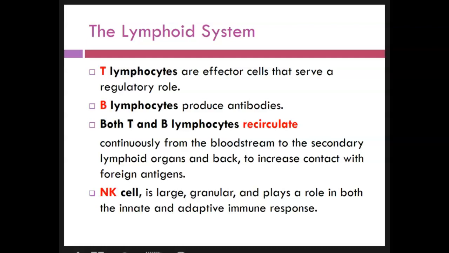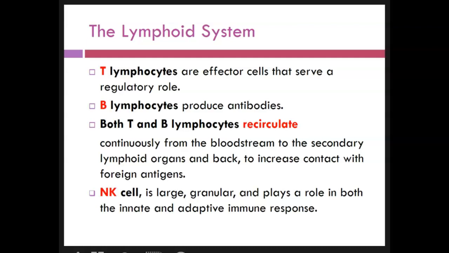Both T and B cells recirculate continuously from the bloodstream to the secondary lymphoid organs and back. And this is done to increase contact with foreign antigens, because remember, they're like little police cars. They're surveying our whole body all the time to see if they can catch a foreign antigen.